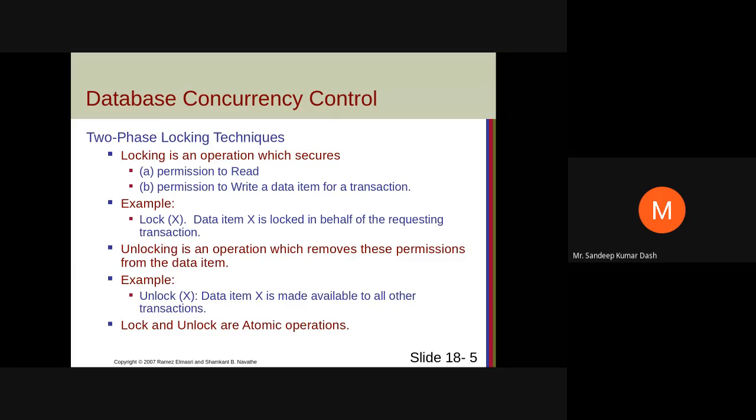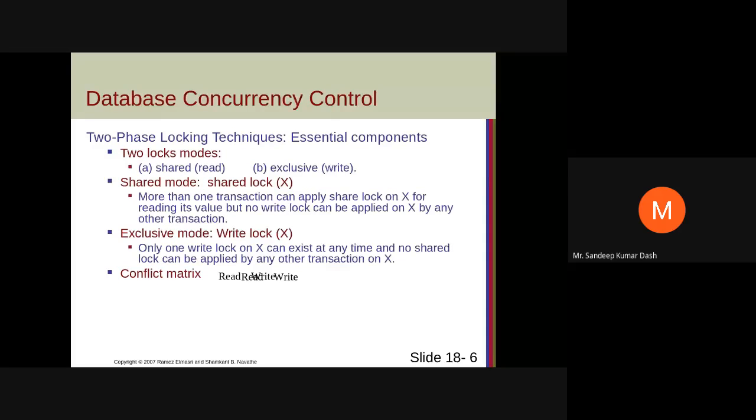So they are locking the data item X for their use. Whenever the writing is finished, they will write unlock X so that the data item will be unlocked for other transactions to use. Okay, in the two-phase locking protocol, there are two different phases given here.